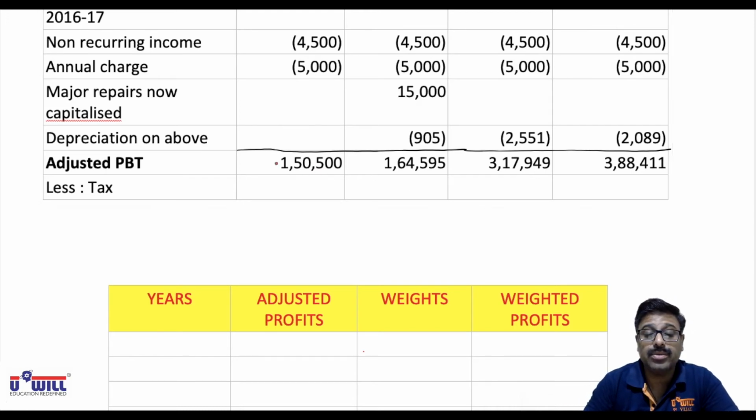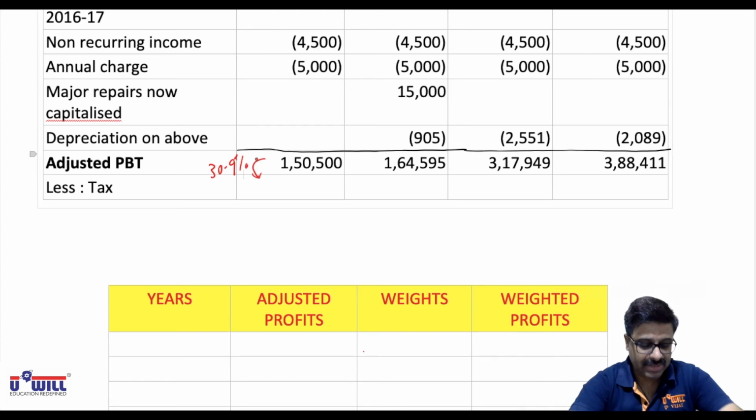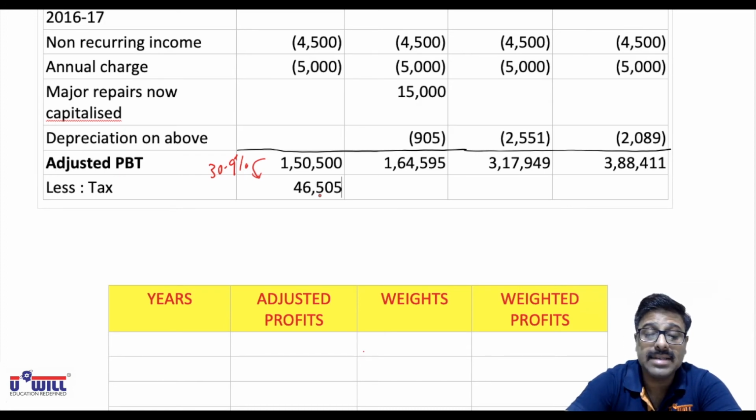So that comes to 46,505. That we have to minus tax.